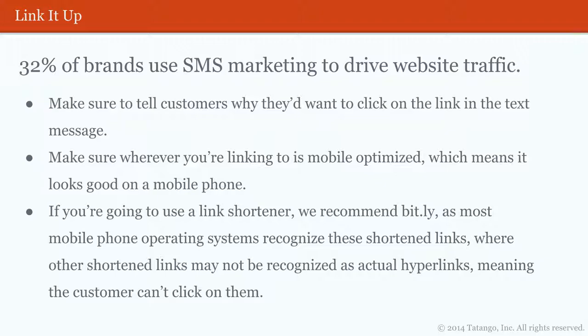They just think you're typing in random things. Bitly is well known, so the phone knows that that's a link. If you use one of those other things, you're just going to get a string of text and the customer can't click on it. If the customer can't click on it, they can't visit your website. Therefore, the whole campaign is not worth even sending. So use Bitly. It makes things really simple.